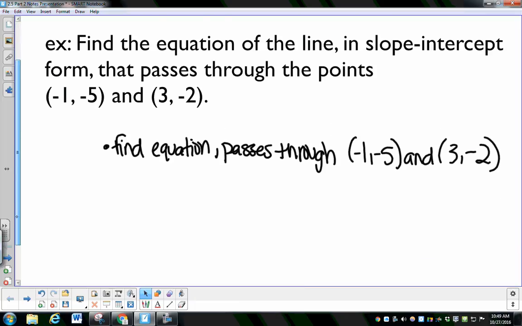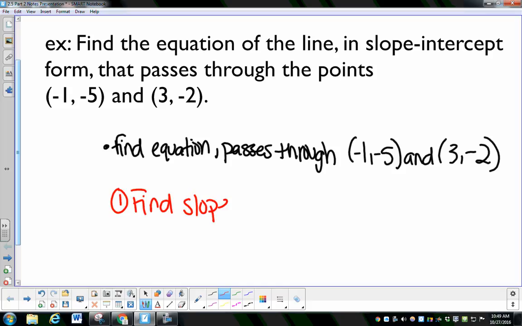In slope-intercept form, we need a slope and we need a y-intercept. So the first thing we're going to do is find the slope, and we know how to do that given 2 points. We need to find the change in y and the change in x.